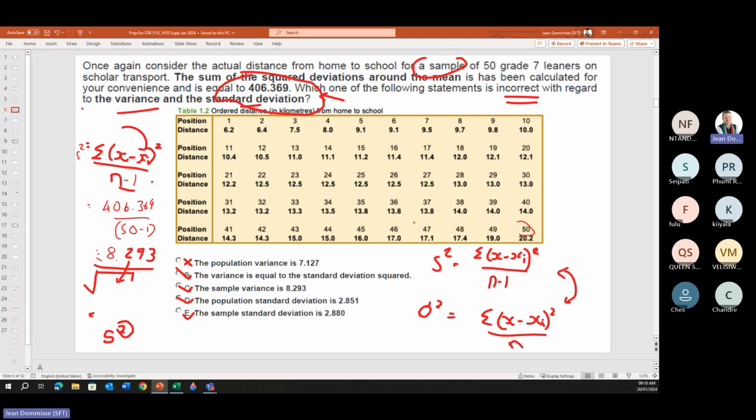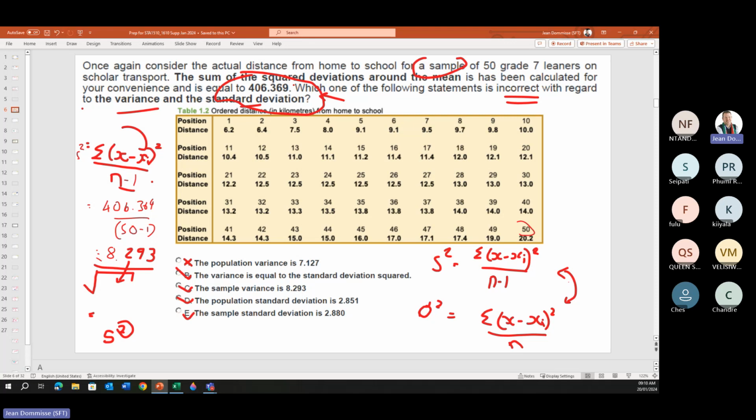But they will not give you this large data set and ask you to work out something, because capturing things takes time. They would rather give you information so that you remember which formula to use.